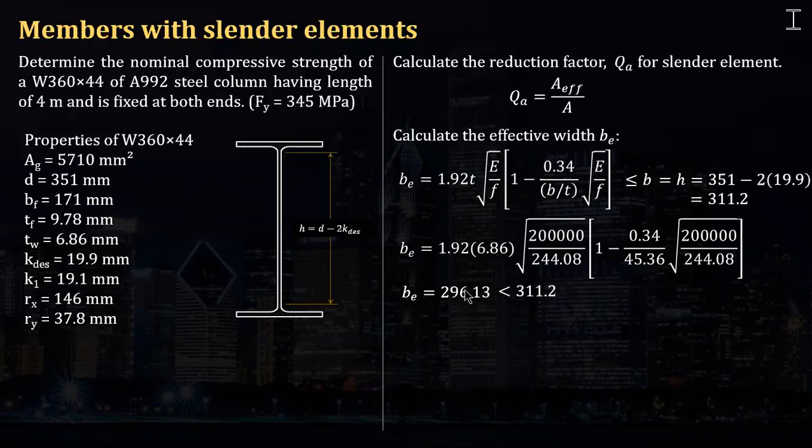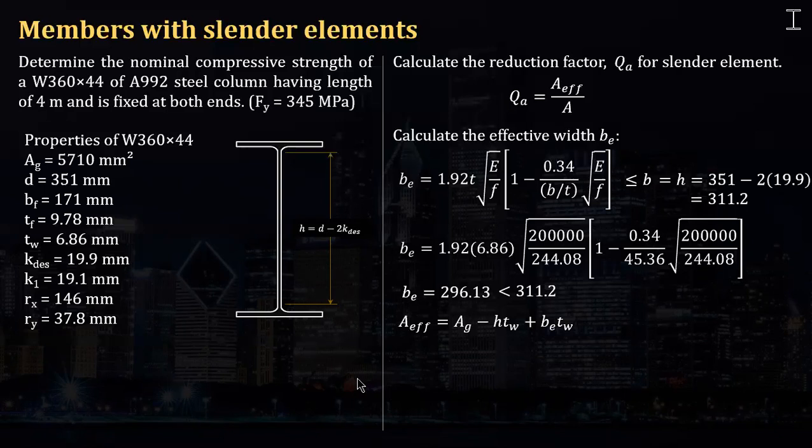296.13. Suppose if this becomes 320, then we must use 311.2. And with that, you just have to make Q sub A equal to 1 if ever this B sub E exceeds this. Okay, and since that doesn't exceed that, then Q sub A would be less than 1. So calculating for the effective area. So the effective area is like this.